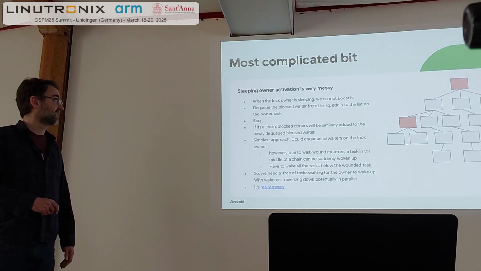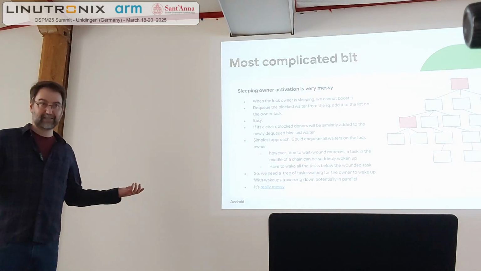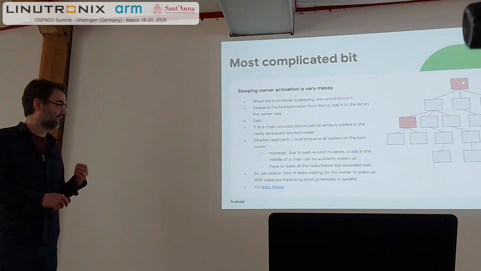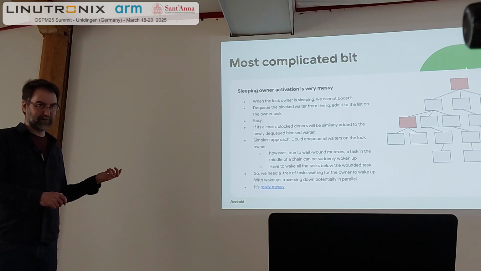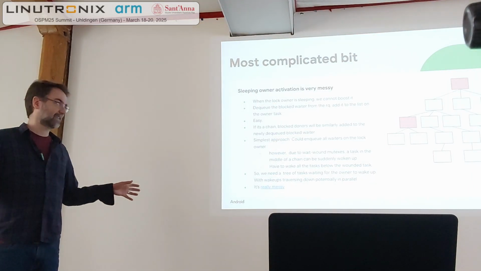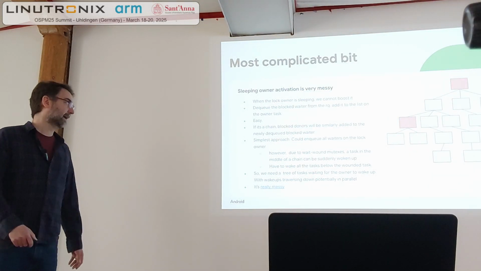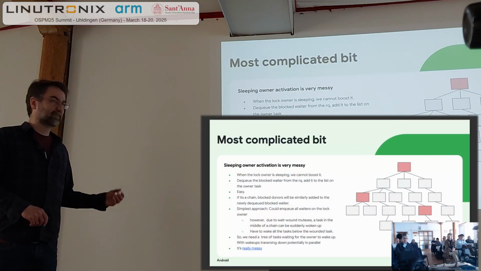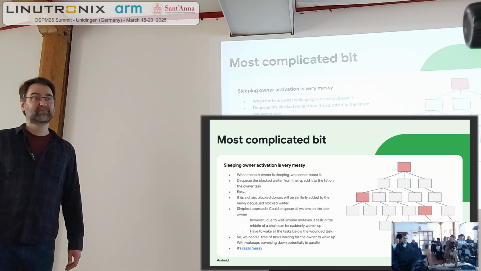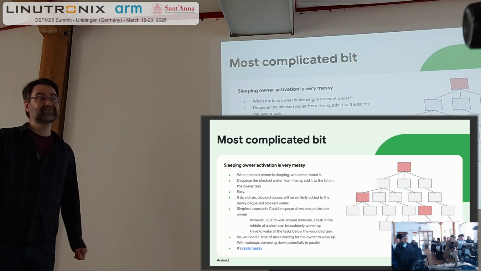The other downside is that we can have these wake-ups happening in parallel all through this tree. The sleeping owner might be woken up, while at the same time multiple tasks inside the tree are getting EDEADLK wake-ups. You can wake everybody up again and then start dequeuing again. It won't be optimal.